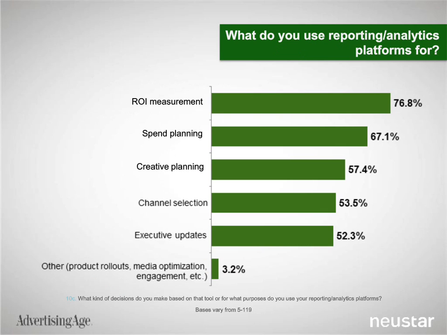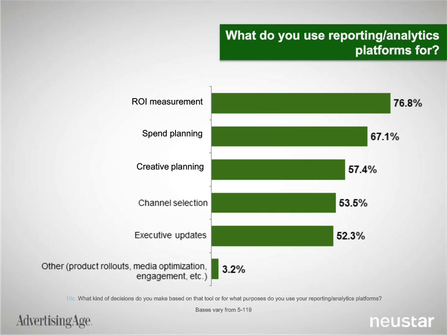So what do you use reporting and analytics platforms for? And the top one, Rob mentioned it earlier, so I think it's great that we have results that show ROI measurement at 76.8%. And I think that's huge, as we know CMOs are being asked to quantify their budgets, not only to maintain their budgets, but also to grow their budgets.